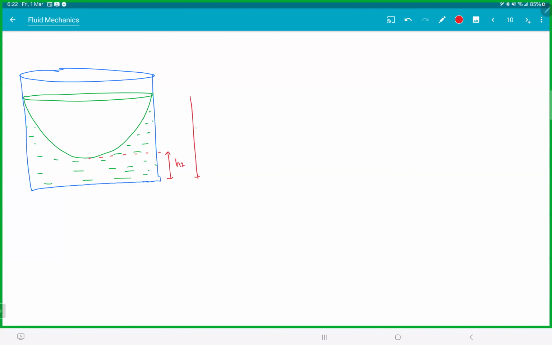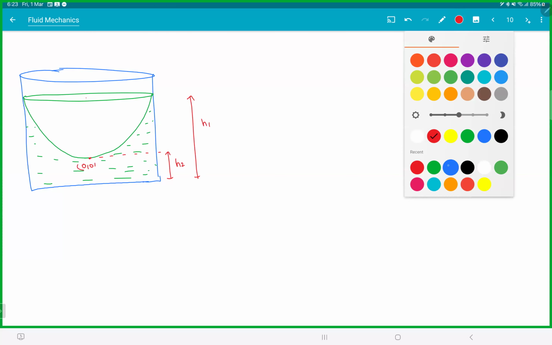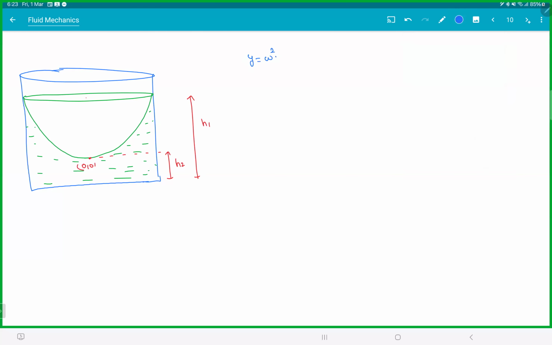This here is H1. And you have taken this as origin 0, 0. And this equation, right? Y is equal to omega square x square by 2g. So for this parabola, if you look at this width here, this is R. So here the y will be the height of this thing, which is h1 minus h2, is omega square r square by 2g. This is equation 1.